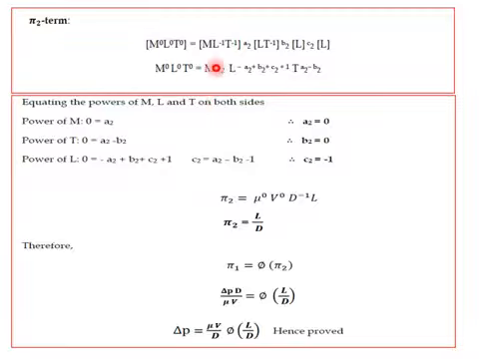Similarly, for the pi 2 term, you raise the repeating variables to the power of a2, b2, c2, and the non-repeating variable is l. Again writing M to the power of a2, L to the power of minus a2 plus b2 plus c2 plus 1, T to the power of minus a2 minus b2. Equating the powers of M, L and T, we can work out the values of a2, b2 and c2. So a2 comes to 0, b2 is 0, c2 is minus 1.